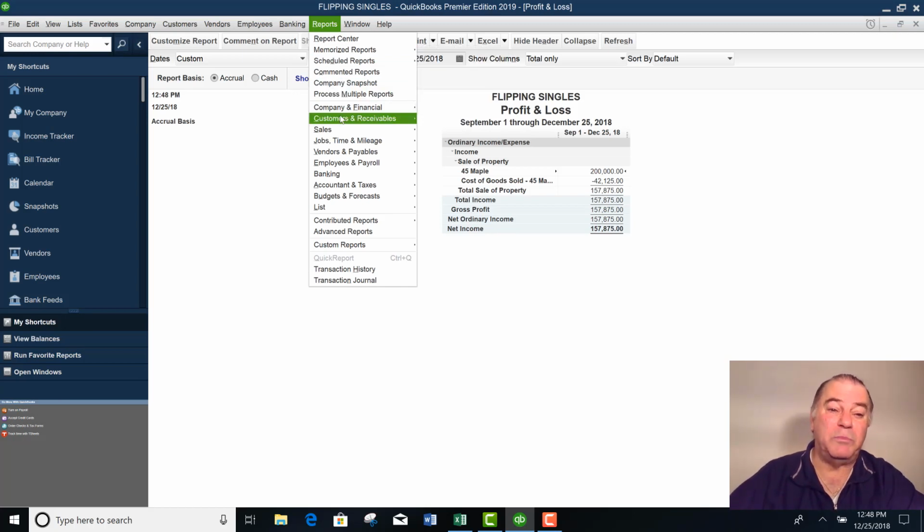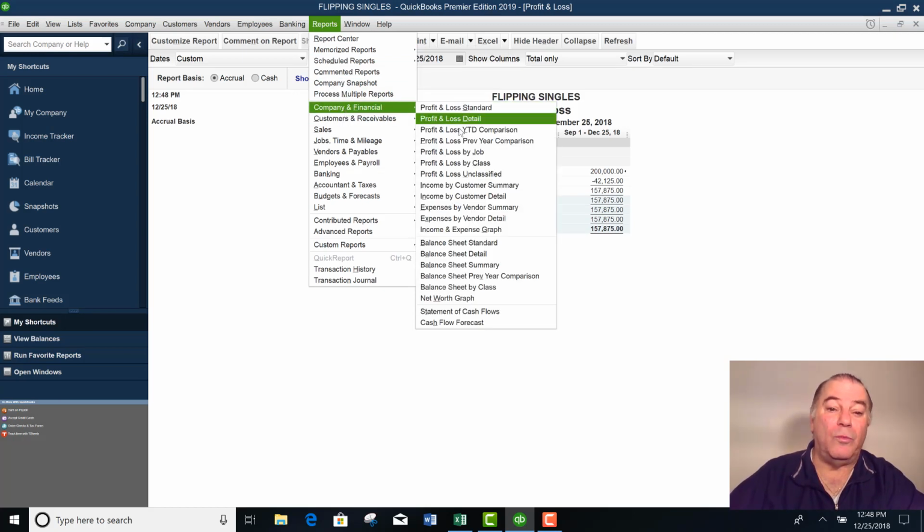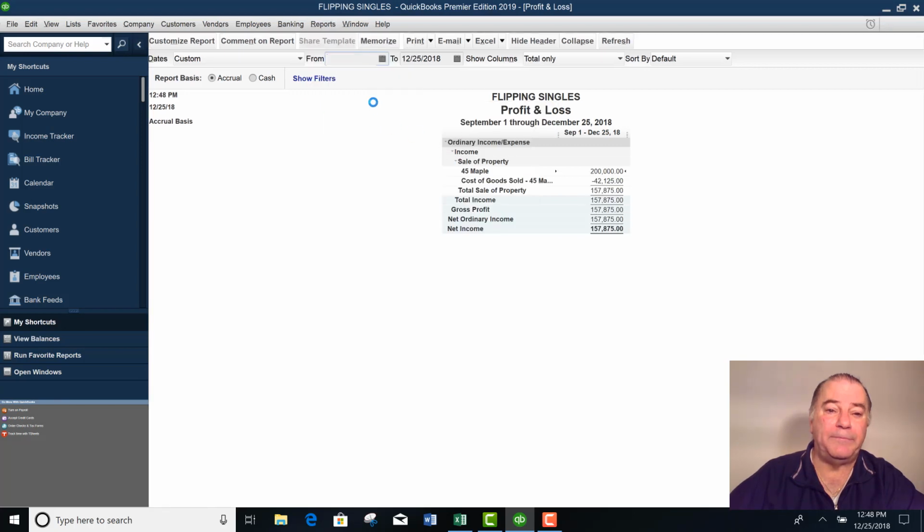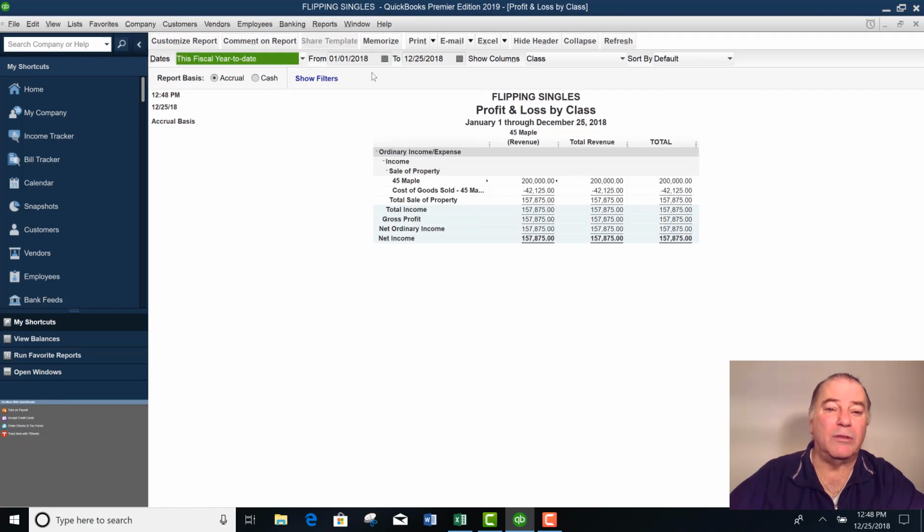It's got a lot of class, but all right, then we're going to profit and loss by class. Let's just see what that looks like from the beginning of the year. So now you have 45 Maple showing up on the class system. All right, and here's the detail again.